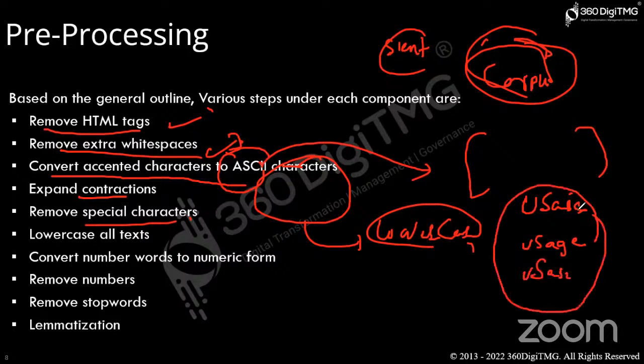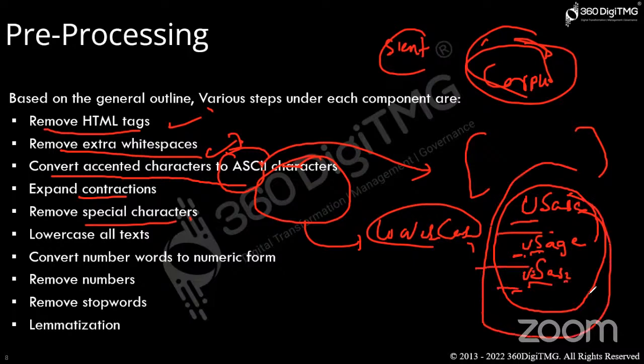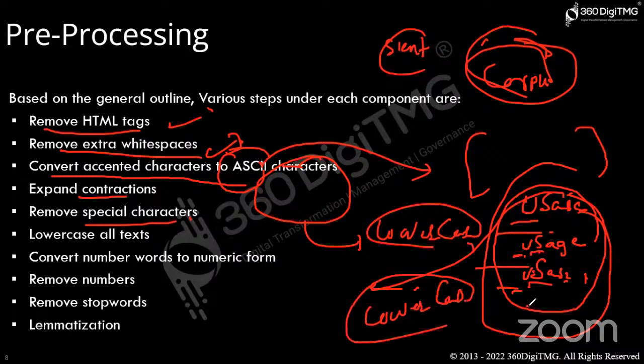These are all different. First you have used a capital letter, then small letter, and capital letter, small letter. These are all different words when it comes to the NLTK library. To avoid that, we will be converting all into lowercase, so that the words won't be repeated.